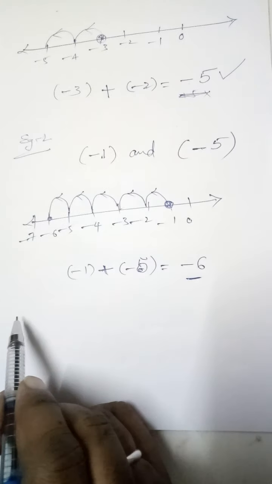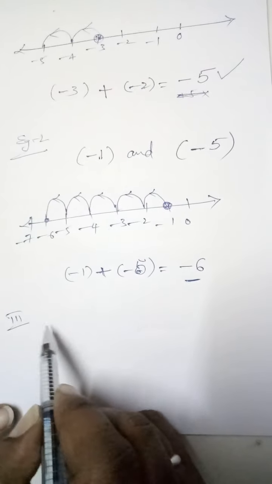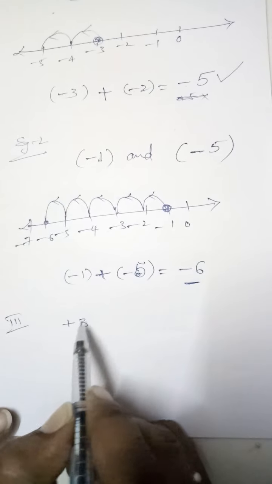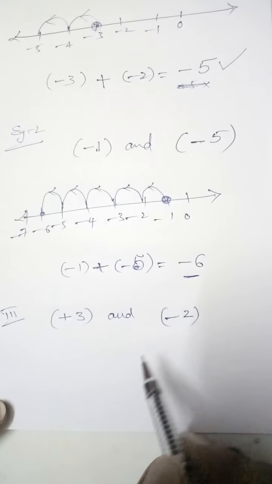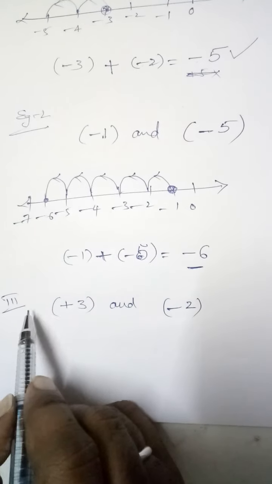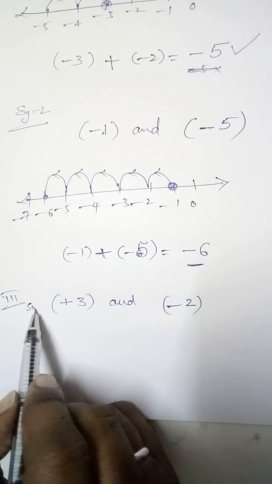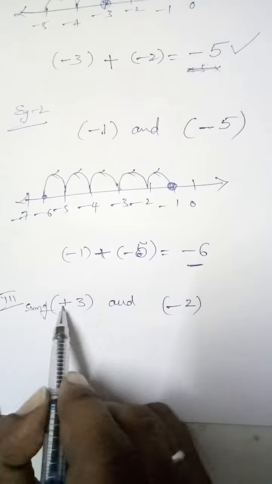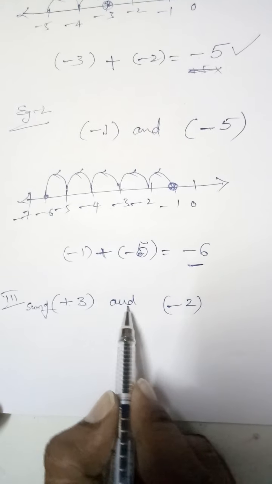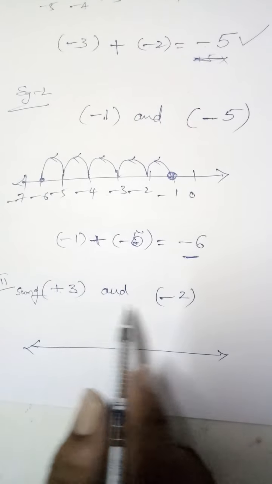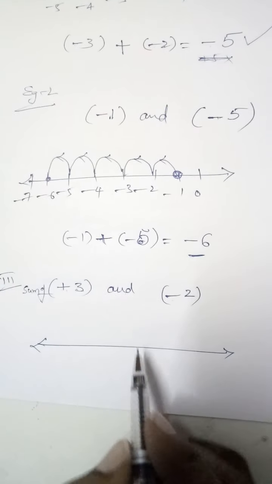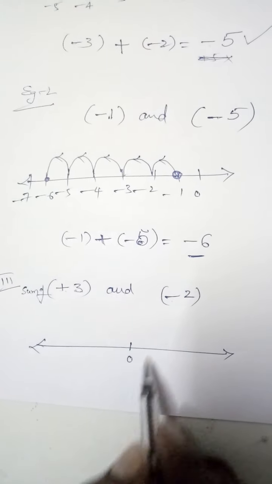Now I am going to explain another, third model, which is one positive number and one negative number. The sum of plus 3 and minus 2. So draw a number line. Now here we need to take negative numbers and positive numbers, so just mark 0.